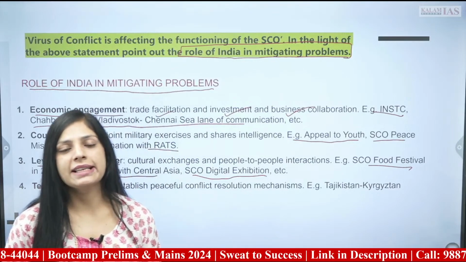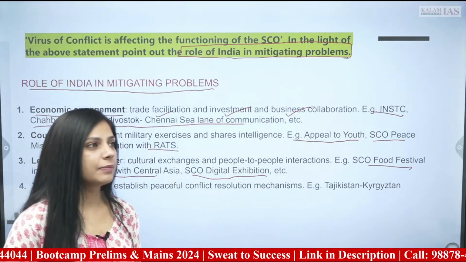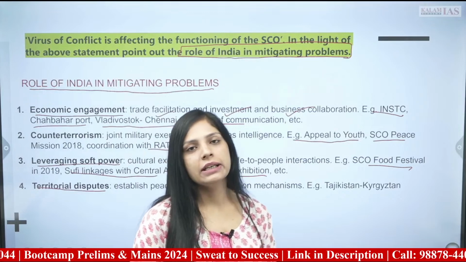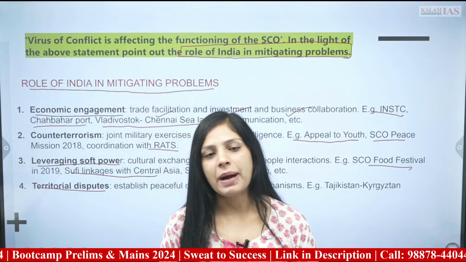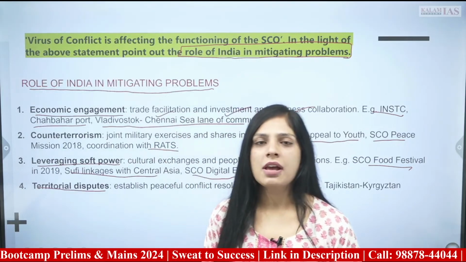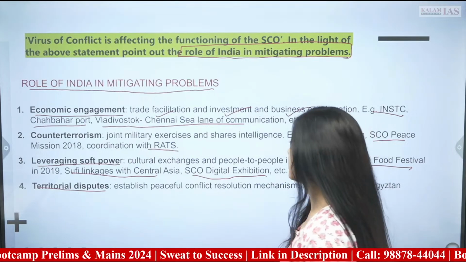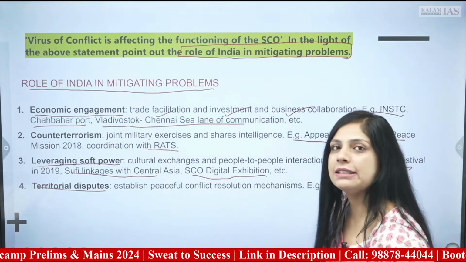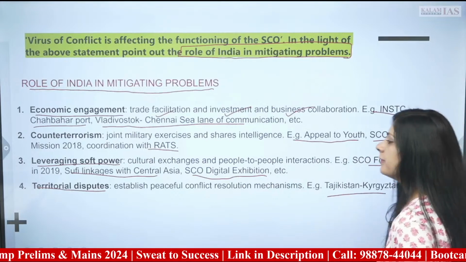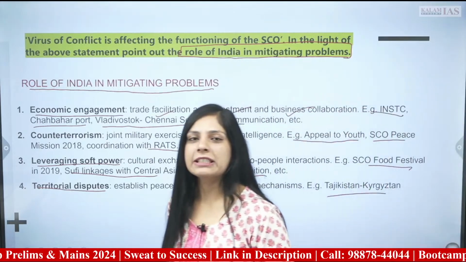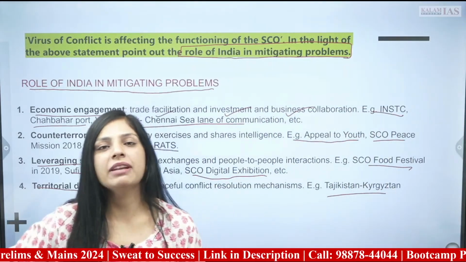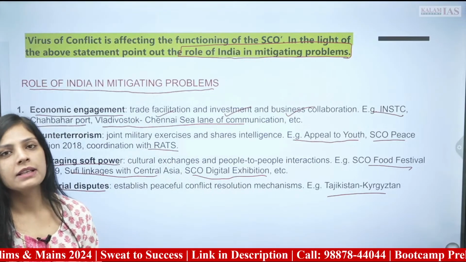It can be taken as an example for all, right? And India can actually take a lead in participating in the issues which Tajikistan and Kyrgyzstan are also facing these days, right? So a peaceful conflict resolution mechanism can be developed by India, all right?